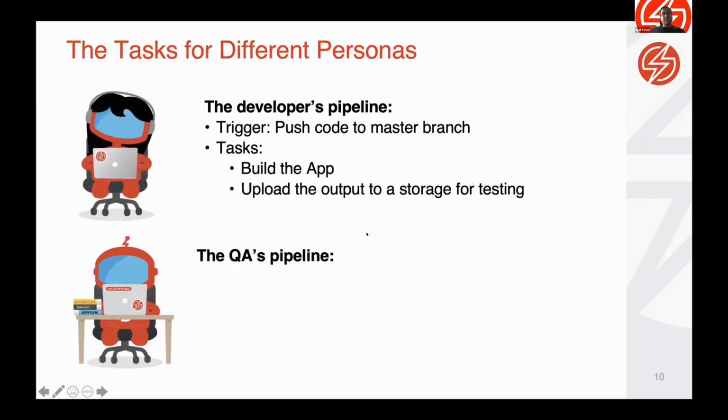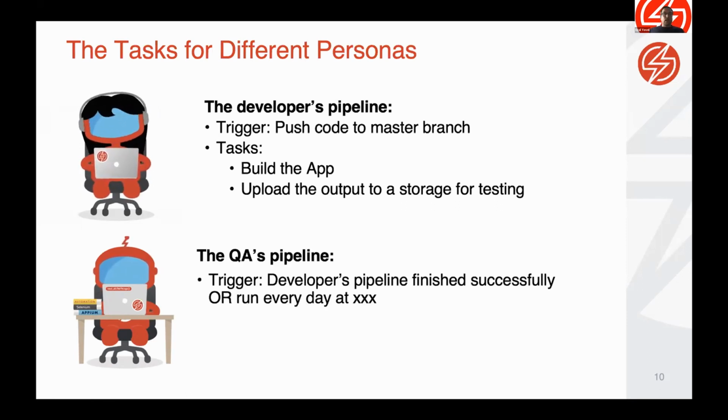If we go to the QA pipelines, the trigger to start to run the QA pipelines can be the successful finish of the developer pipelines, but it can also run every day. There are many organizations where these two pipelines are separate, they are not connected. Every day at, I don't know, midnight, this pipeline will start to run, will pick up the latest applications that were uploaded during the day, and start to run the pipeline.